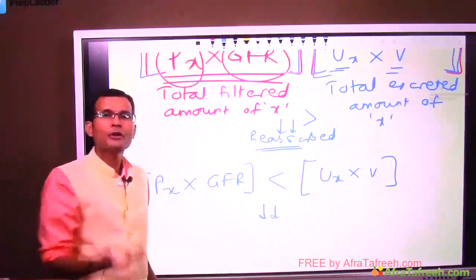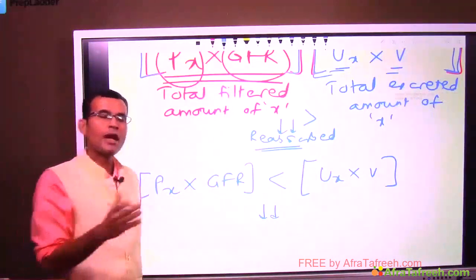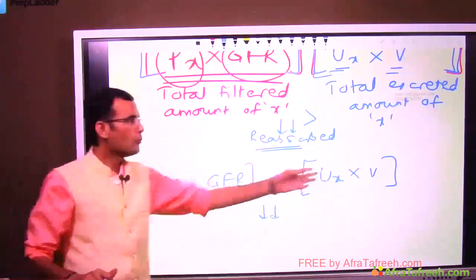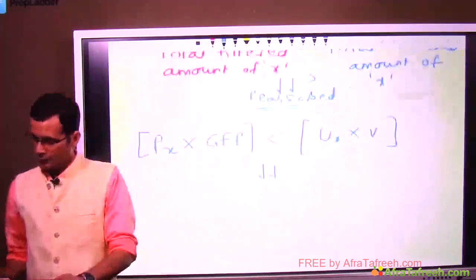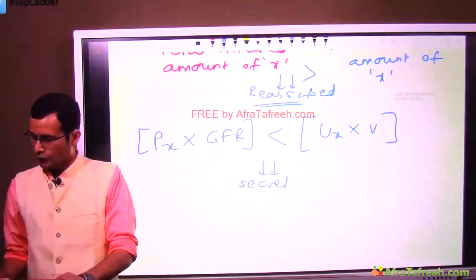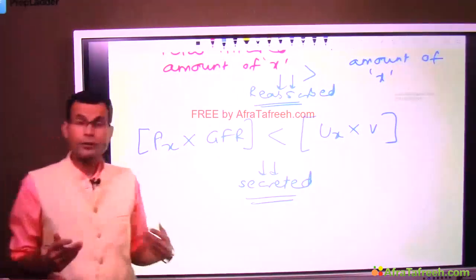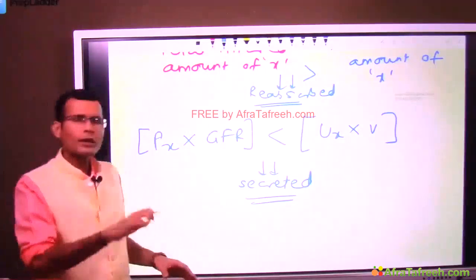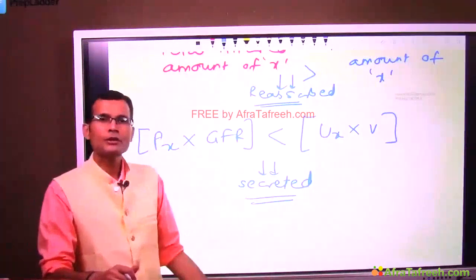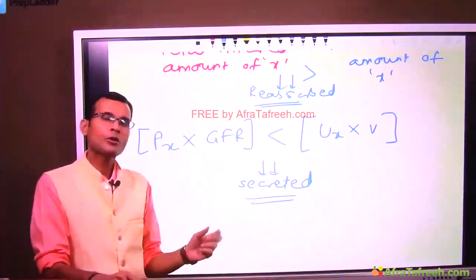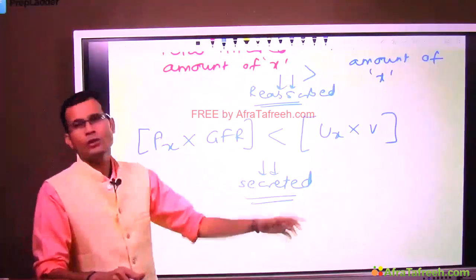Some amount came by tubular secretion. Substance was added by tubular secretion, so more came into the urine than what was filtered, right? So this will mean the substance was secreted at the tubule. So this is how you can calculate. You must have understood by now that for any such question, you need to have that little background concept. Then you can solve easily.